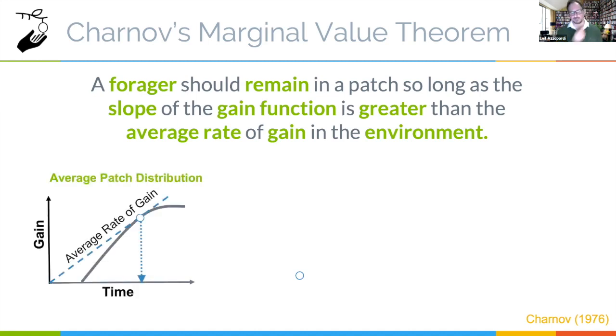So basically it boils down to something like these graphs. Imagine this part here is the querying time, or the time to move to a new patch. And this is how long I spend assessing the items. And if this is the average rate of gain, then Charnov basically says I should stop here and move to another patch.